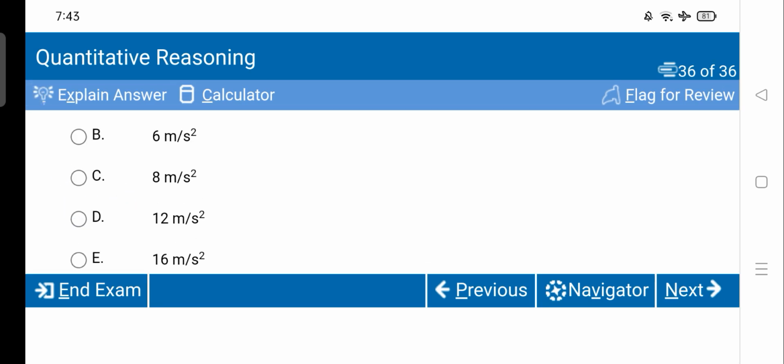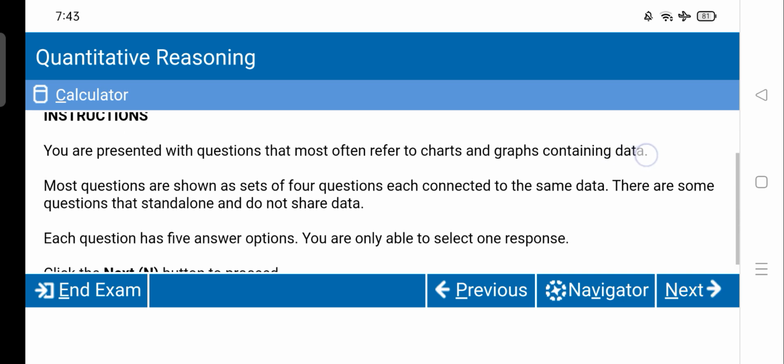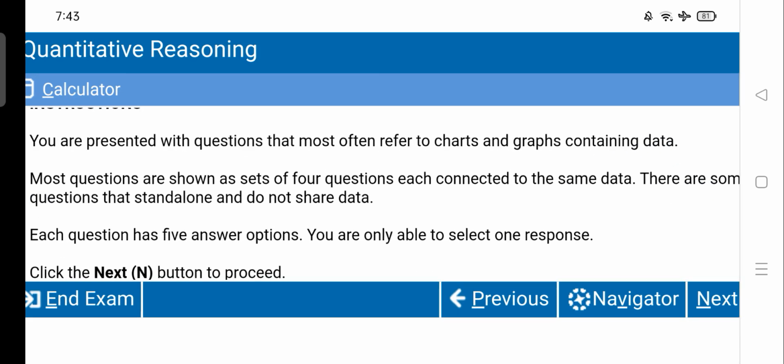So here we have completed our 3 sections of quantitative reasoning. Now we're going to continue with section 4. Here we have some instructions: you are presented with questions that most often refer to charts and graphs containing data.